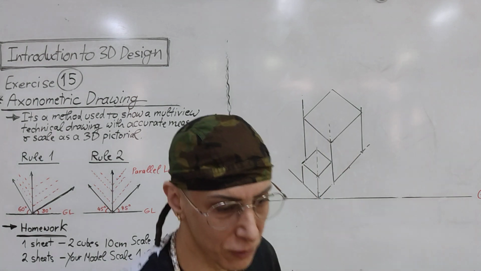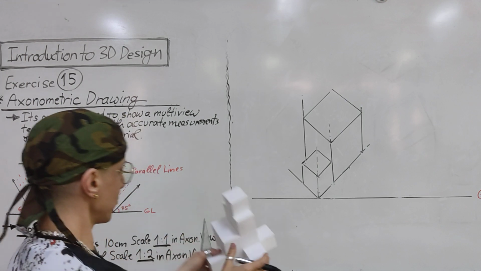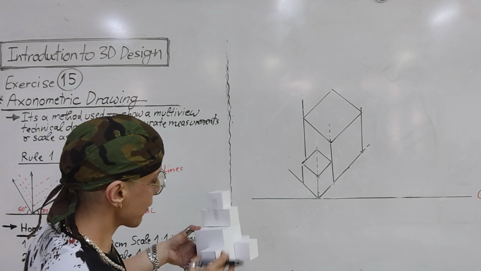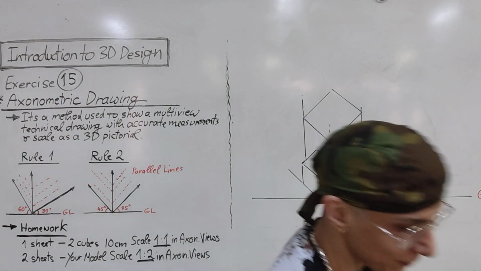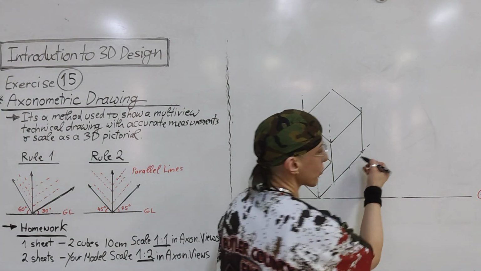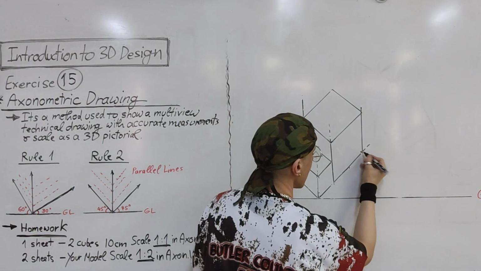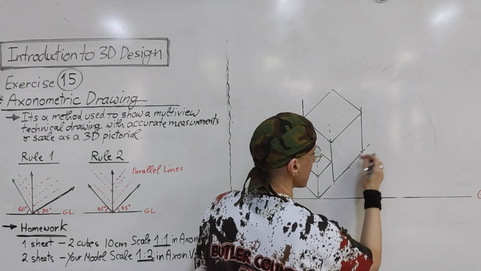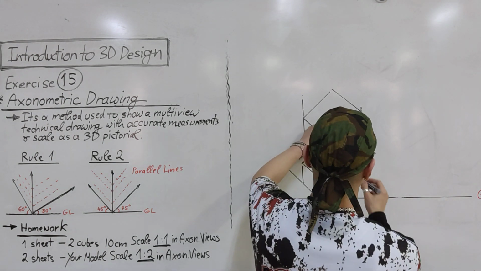So, what else do we have here? Small cube, big cube. Starting from this edge, we have this small cube here in this area. In this type of drawing you can measure from anywhere, so 5 centimeters from here or from here I can measure the same thing.